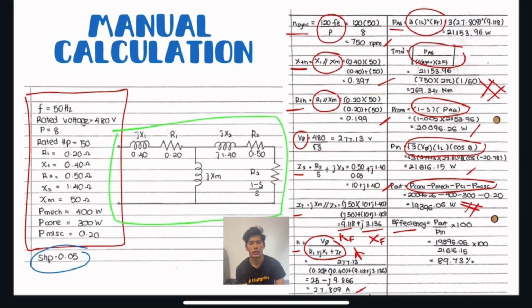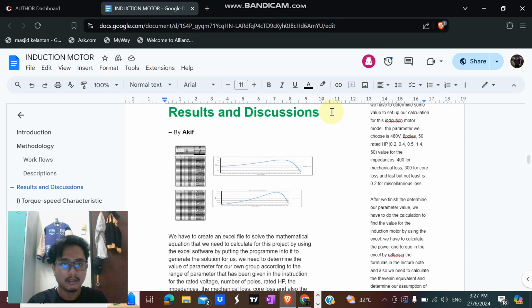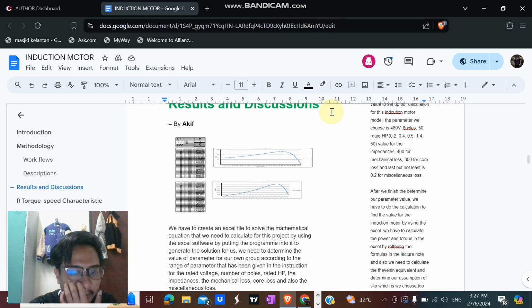And plus we need to find the efficiency, which is power output over power input, multiplied by 100, and we get 9.73%.